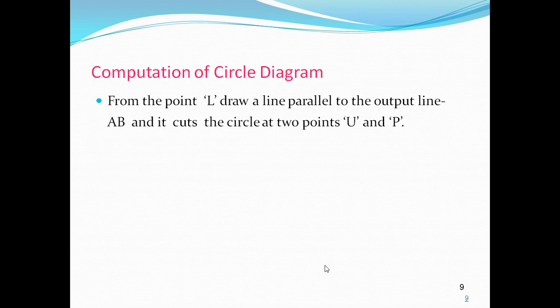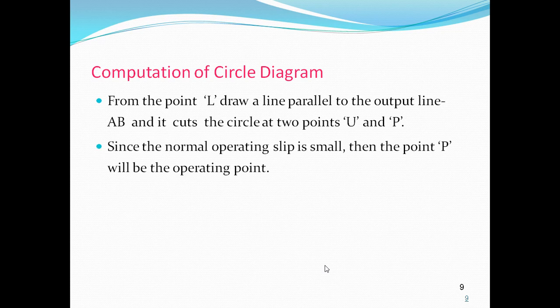From point L, draw a line parallel to the output line AB, and it cuts the circle at points U and P. Since the normal operating slip is small, the point P will be the operating point.